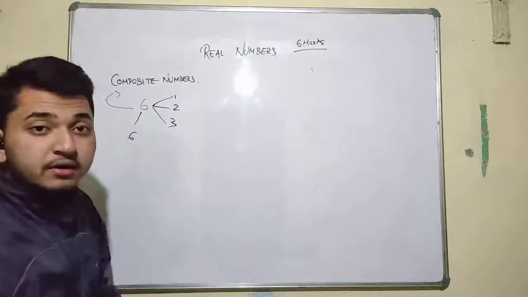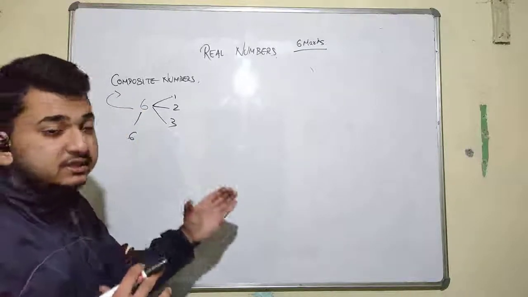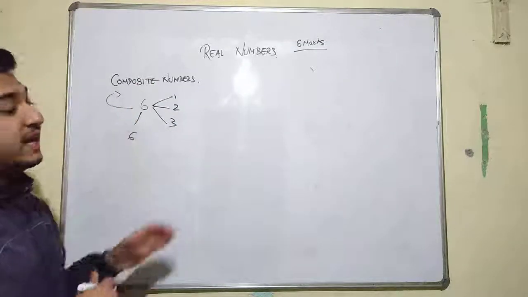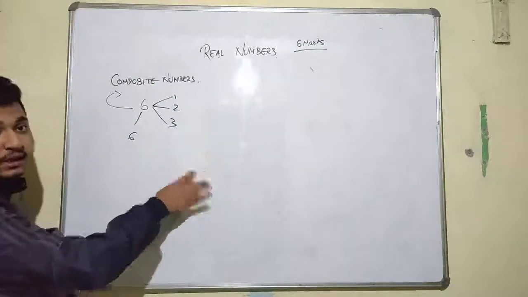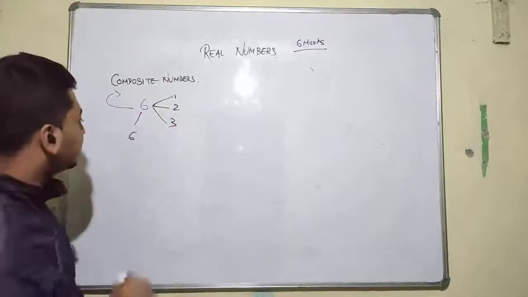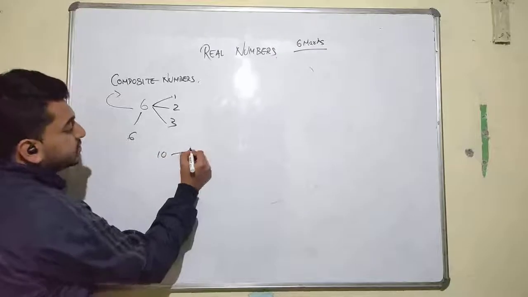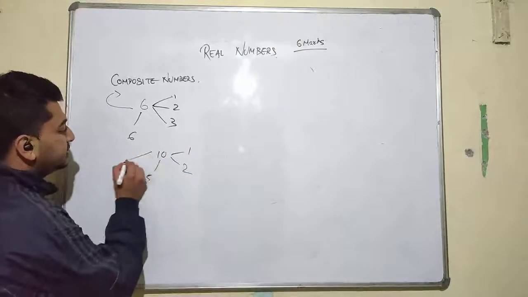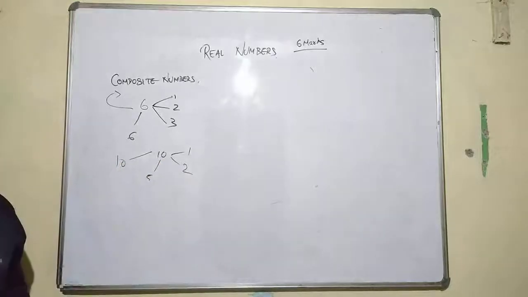The number which is divisible by 1 and can have many other factors is termed a composite number, like 10. It is divisible by 1, 2, 5 and 10.